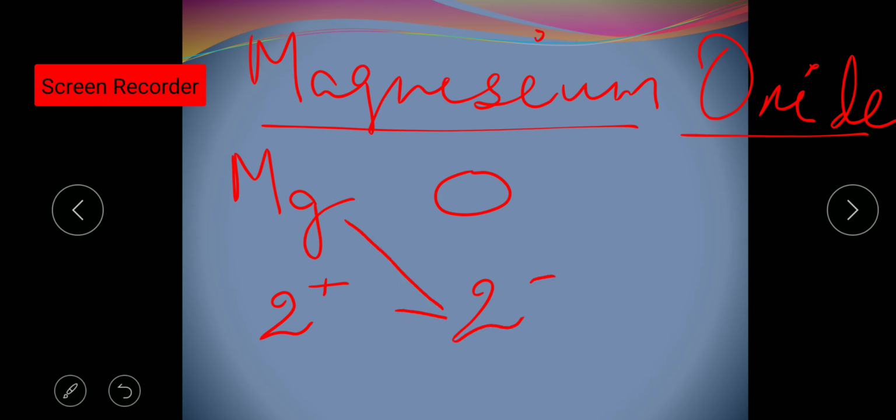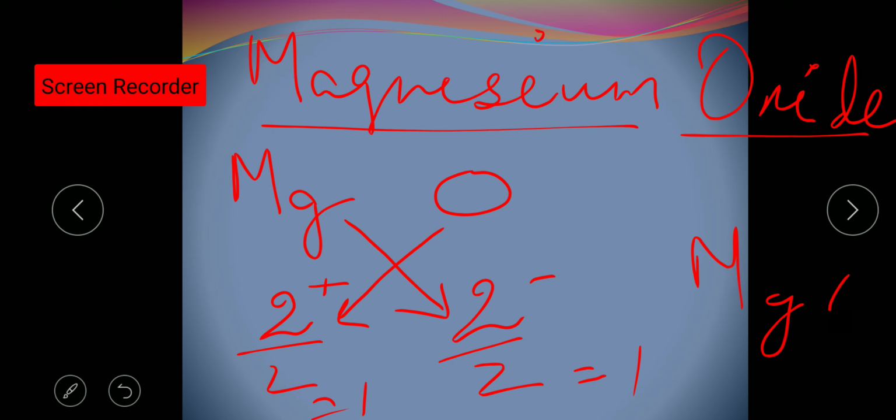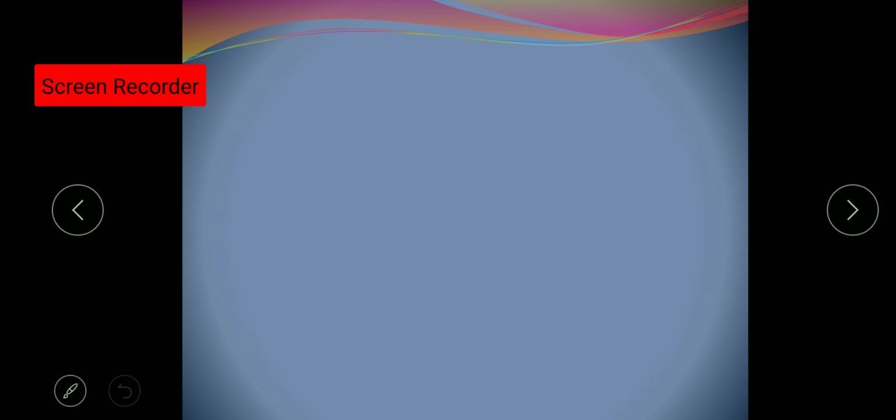When both the numbers are the same, they cancel, or we take the lowest ratio. It will be divided by 2, so it becomes 1, and this also becomes 1. So the formula of magnesium oxide is MgO.